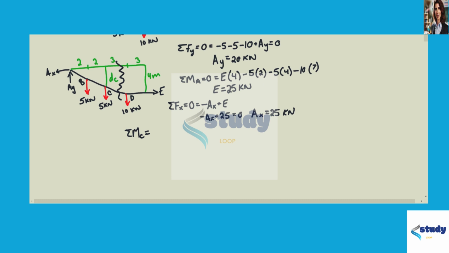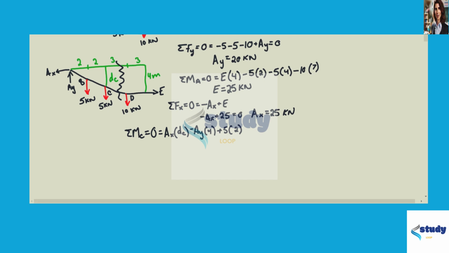This will equal AX times the distance C minus AY times 4, because there's 4 meters in the horizontal direction between A and C, plus 5 times 2, which is the force at B. The force at B creates a positive moment around C because it's in the counterclockwise direction. And it's times 2 because there's 2 meters in the horizontal direction between B and C.